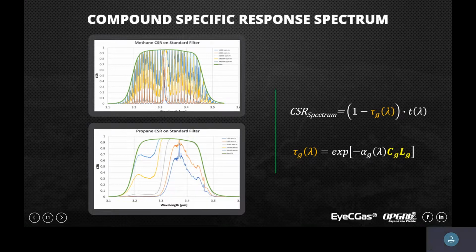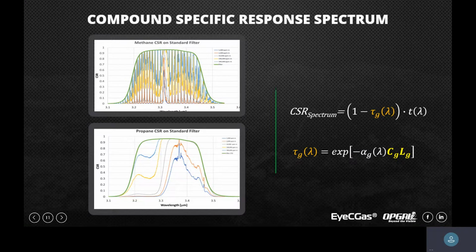So let me explain what we are looking at. We are looking at the compound. This is our standard filter. We are not using in our GAL the response factors of the OGI. Since it's not really a factor, it's a curve. It's a curve that is a function of concentration.